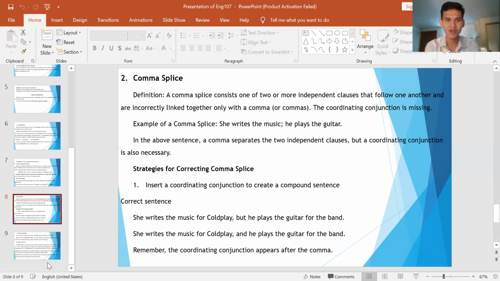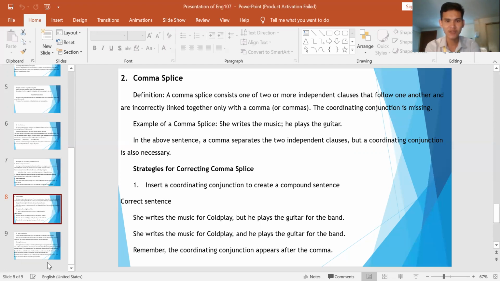Strategies for correcting comma splices. Number one, insert a coordinating conjunction to create a compound sentence. Correct sentence: she writes the music for Coldplay, but he plays the guitar for the band. So we need a comma and a coordinating conjunction. She writes the music for Coldplay, and he plays the guitar for the band.